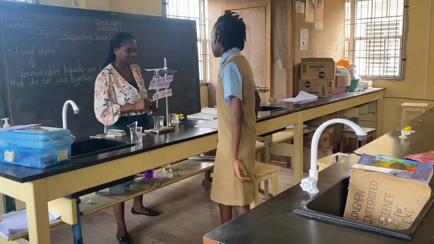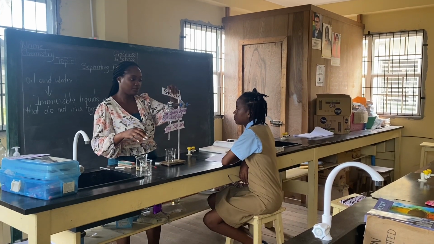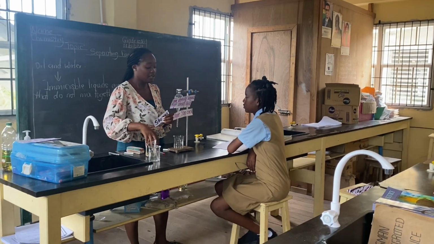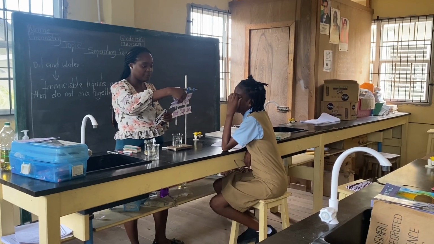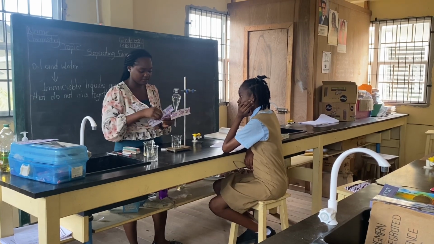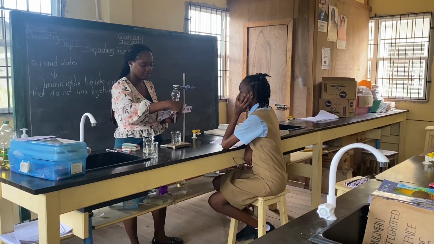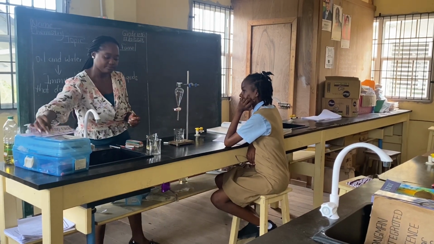Wonderful. You labelled the various parts of our separating funnel. We will move on to demonstrate how we separate our oil from our water or our water from our oil. Alright.